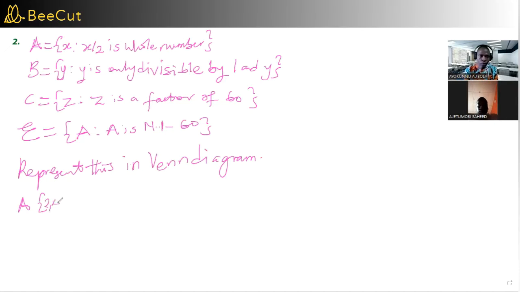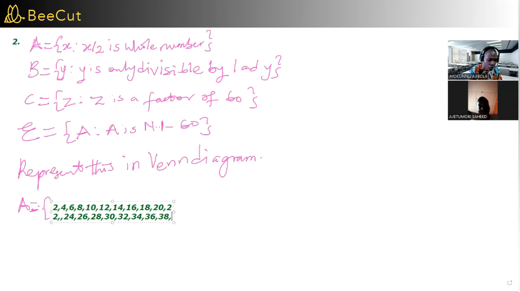That is 2, 4. Let me use typeset here. So A equal to, let me now put, 2, 4, 6, 8, 10, 12, 14, 16, 18, 22, 24, 26, 28, 30, 32, 34, 36, 38, 40, 42, 44, 46, 48, 50, 52, 54, 56, 58, and 60.